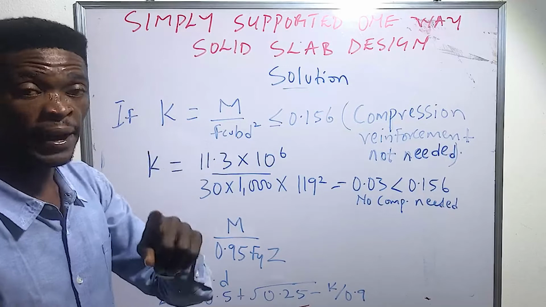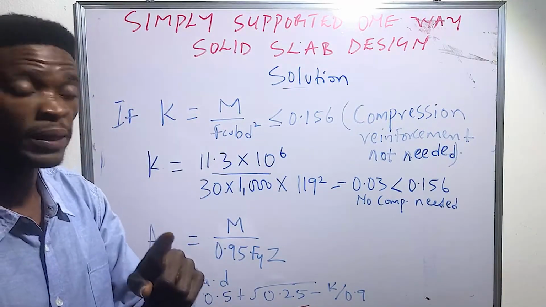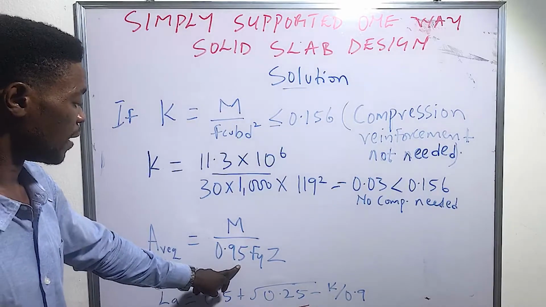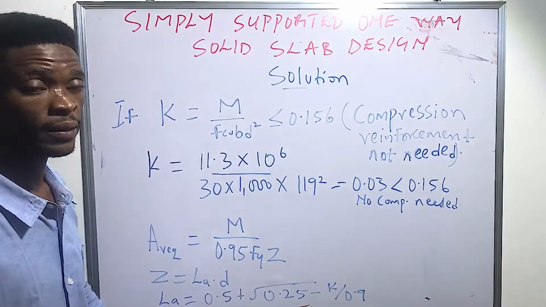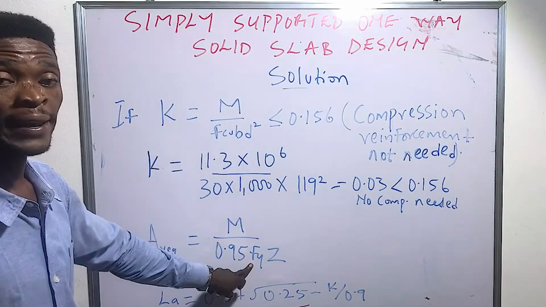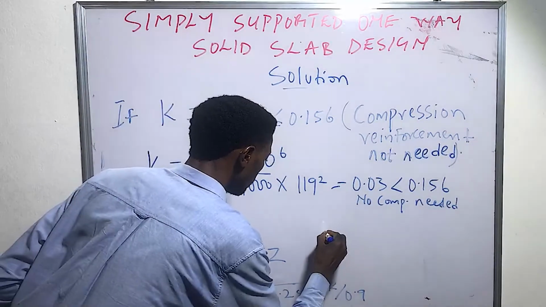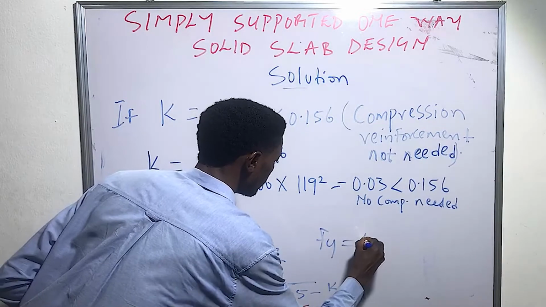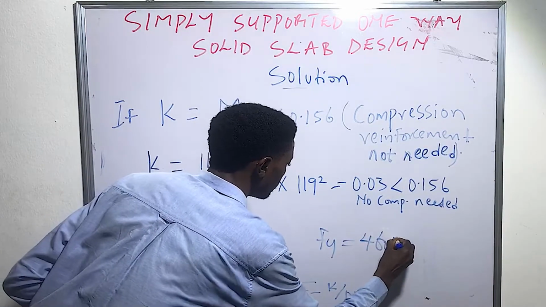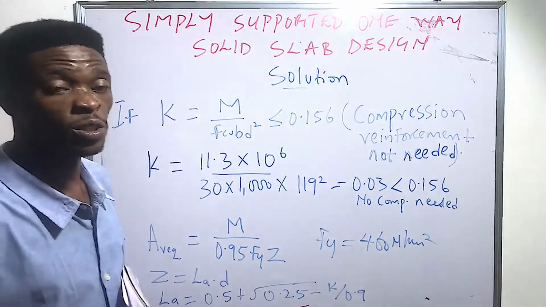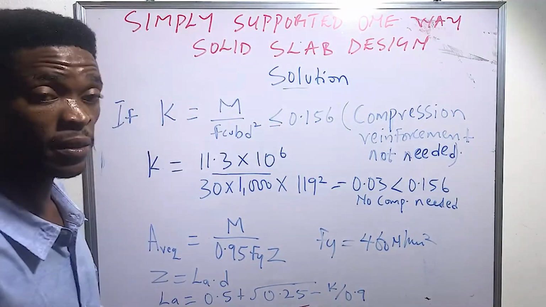Our reinforcement area for only tension reinforcement becomes As equals M over 0.95 fy z. This Fy is the characteristic strength of steel, which is 460 Newton per mm square. Take it as for high yield steel.